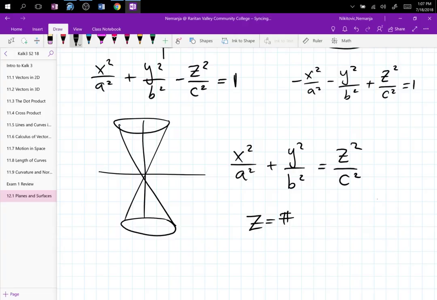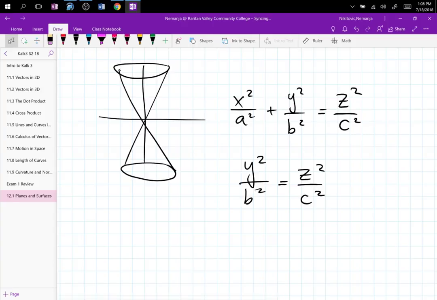If I say z equals some number, then this thing over here dies, and when that thing dies, you just get your circles and your ellipses, right? So that makes sense. But what happens if you kill either x or y? Right? Doesn't matter which one. If you kill, let's say, x, you get y squared over b squared is equal to z squared over c squared. Everything is squared.